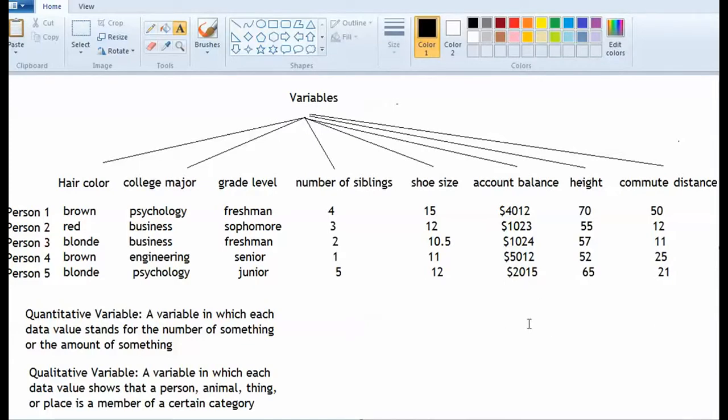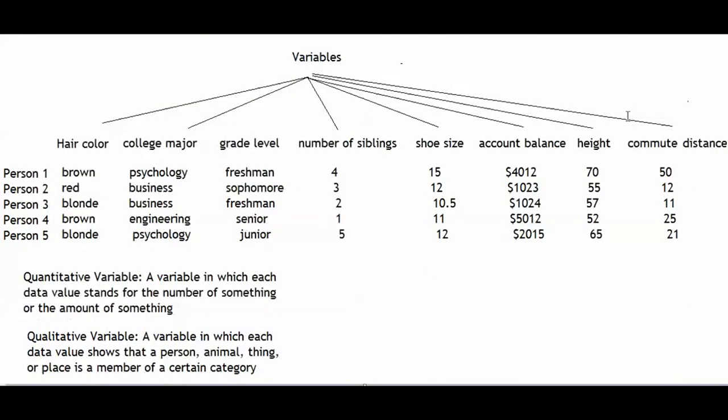Social security number, driver's license number, and jersey number wouldn't be quantitative variables because a person's social security number, driver's license number, or jersey number doesn't stand for the number of something or the amount of something. Social security number, driver's license number and jersey number would actually be qualitative variables.